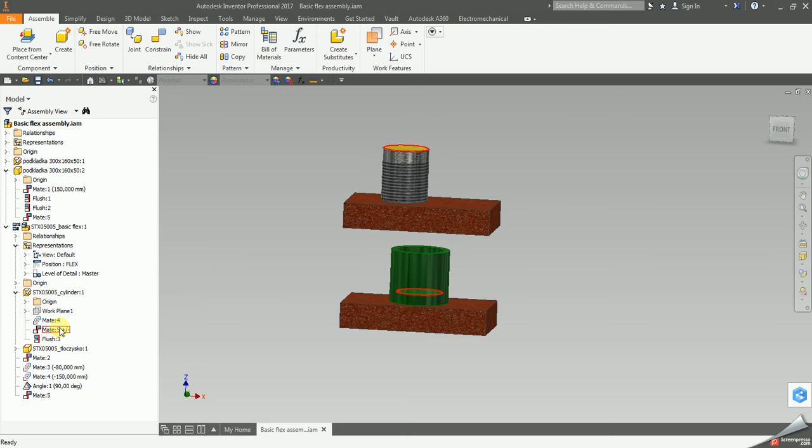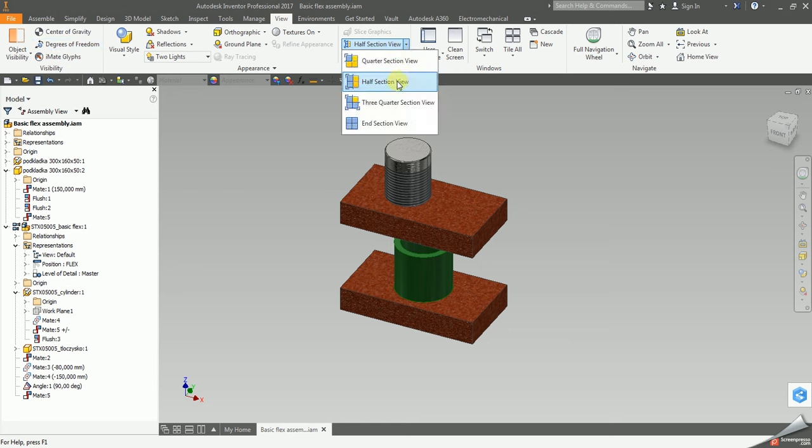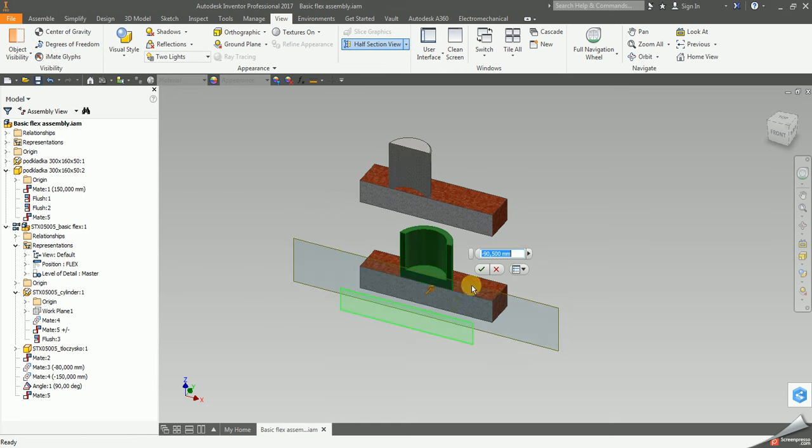If we look here, this mate constraint is obviously not met, because of these two surfaces, this one and the inner bottom part of the cylinder. I will make some view to show. So generally mate 5 is an internal constraint of the basic flex jack assembly.